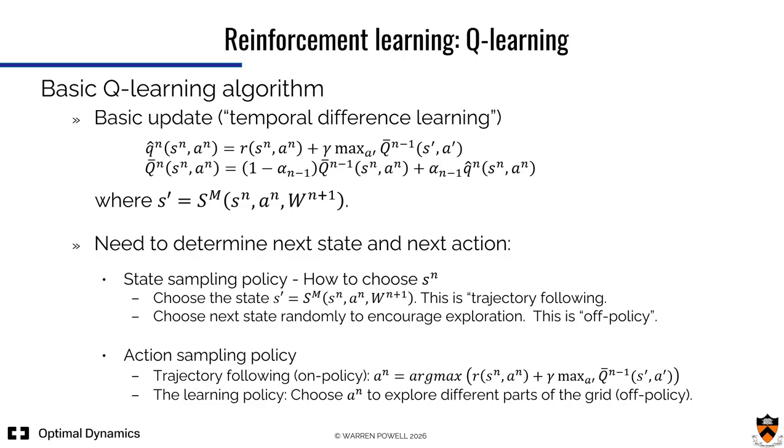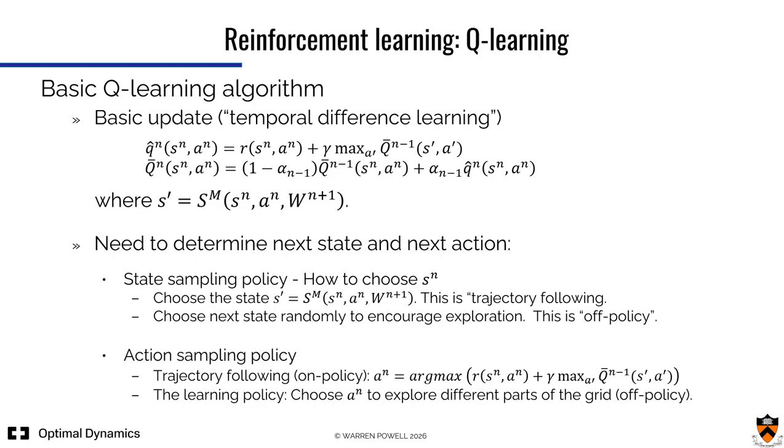Now, updating Q factors, if I'm in a state S^n and for some reason I take action a^n, I have a reward R(S^n, a^n) plus a discount gamma times the max over a' of Q bar at S' and a'. So what is S'? Well, it turns out you had to simulate your way to some S'. So if you're in a state S^n and take an action a^n, you then assume you have a transition model.